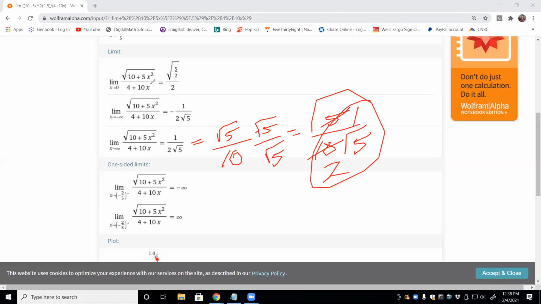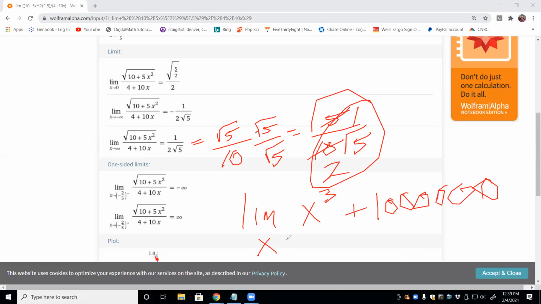And the key on these problems is to ignore the constant. The constant rarely has anything to do with it. If I said, what is the limit of x cubed plus a million, the million doesn't have anything to do with it as x goes to infinity. That could be a billion.